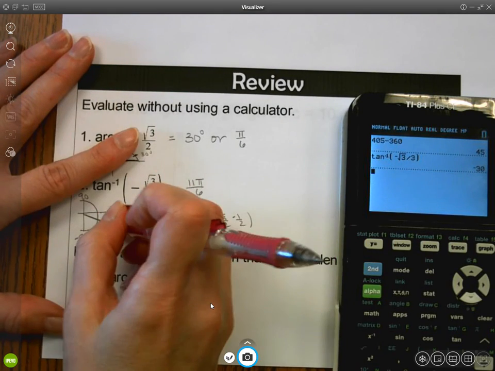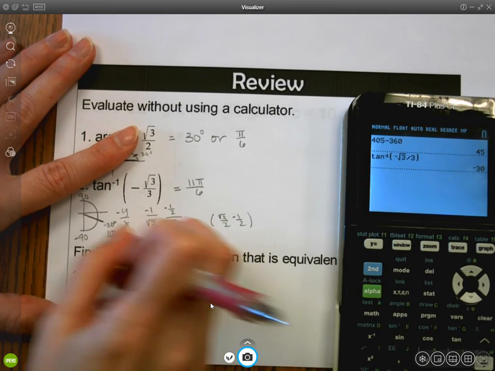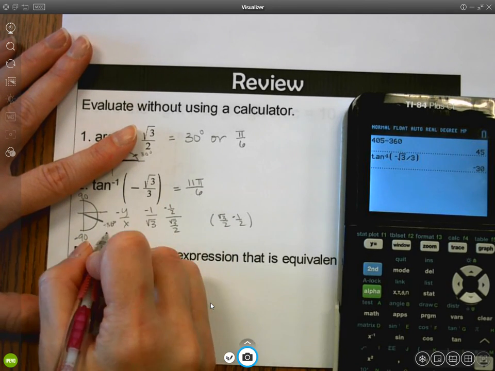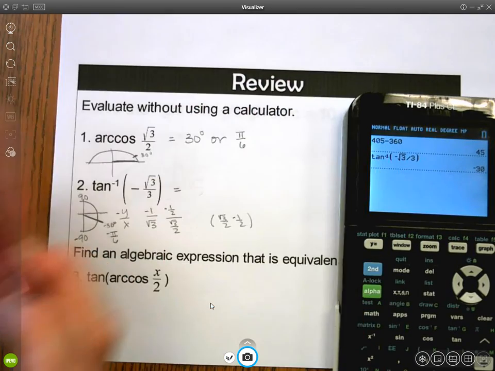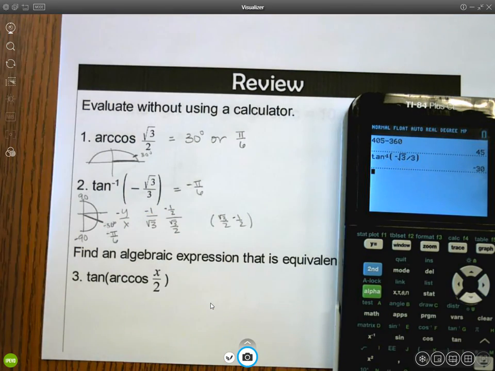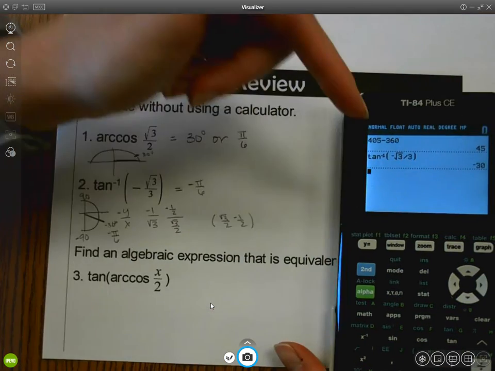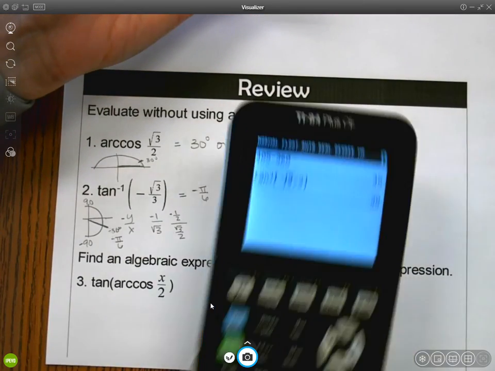So instead of calling that 330, I should have called it negative 30. Which means instead of calling this 11 pi over 6, I should have called it negative pi over 6. That's my fault. Completely forgot that little piece of information. All right, so if you put it in your calculator, you will get negative 30, and you just have to know what that is in radians.